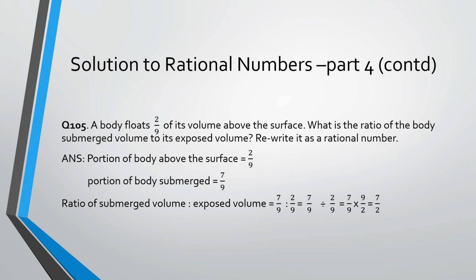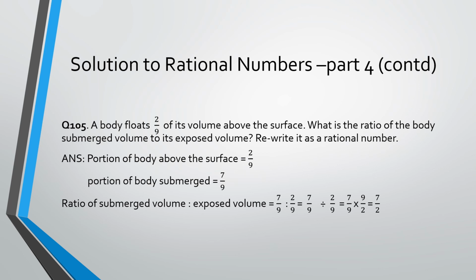Question number 105, it says a body floats 2/9 of its volume above the surface. What is the ratio of the body's submerged volume to its exposed volume? And the final answer should be in the rational number form. So if 2/9 is above the surface, that means the remainder is submerged.